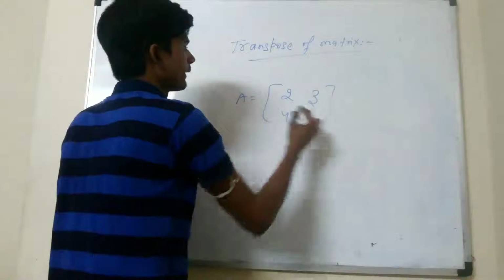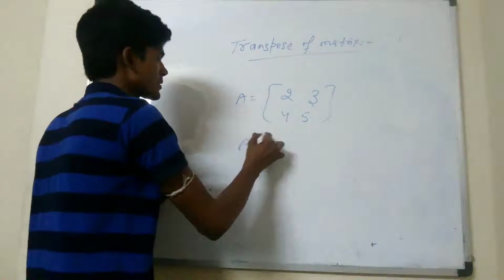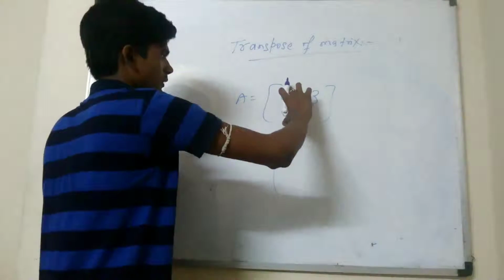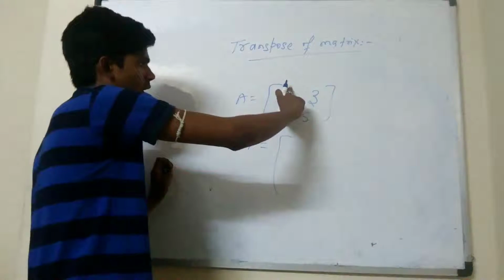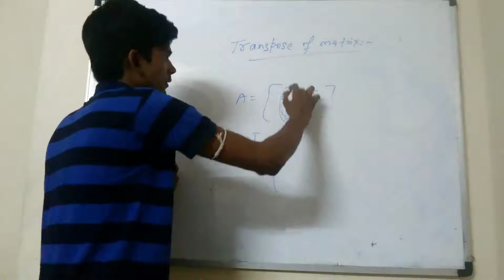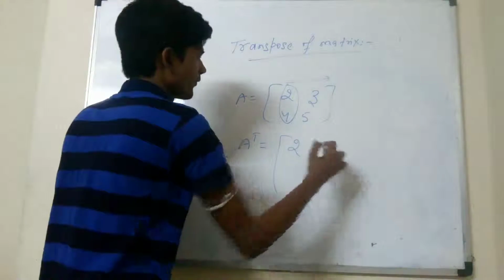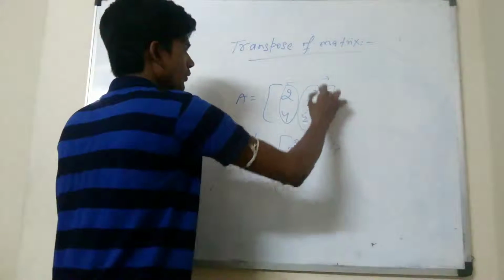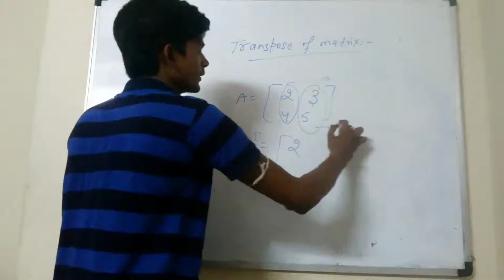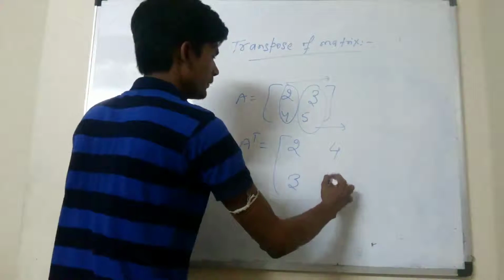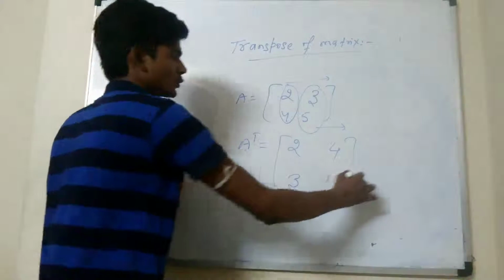Then A transpose equals: the first column is converted into the first row, so we write 2 and 4. The second column is converted into the second row, so this is 3 and 5. So this is the A transpose matrix.